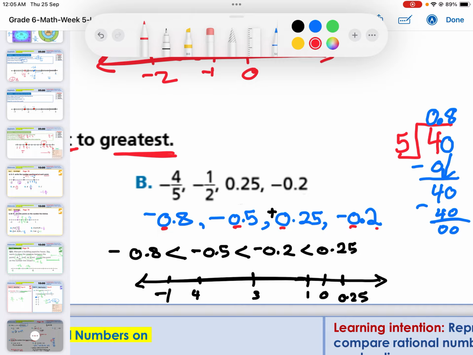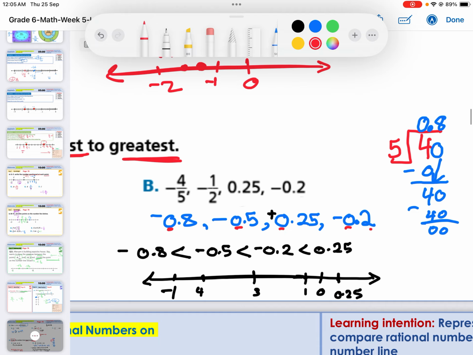So obviously 8 is the greatest digit, so it's going to be the smallest number. You compare the negatives first and you leave the positive till the end, because the positive numbers will always be the greatest. Okay? Yeah, and that's it. Negative 0.8, then negative 0.5, then negative 0.2, then 0.25.